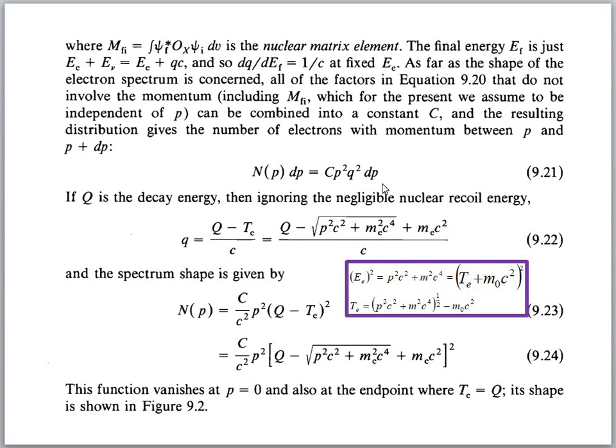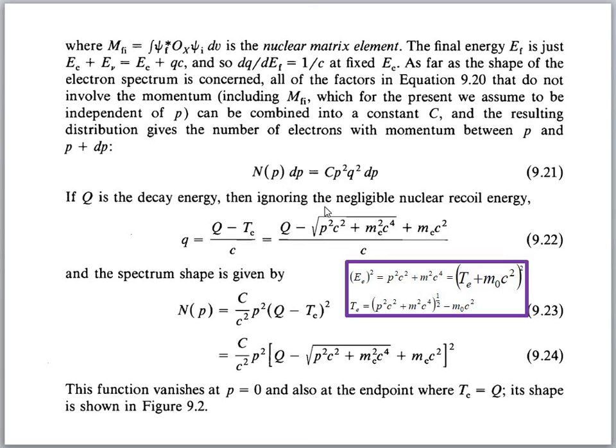If Q is the decay energy or Q factor of a reaction, then, with the nuclear recoil energy negligible, we know that N(p) dp is equal to C p² q² dp. All other terms will come in this constant. So what is Q?